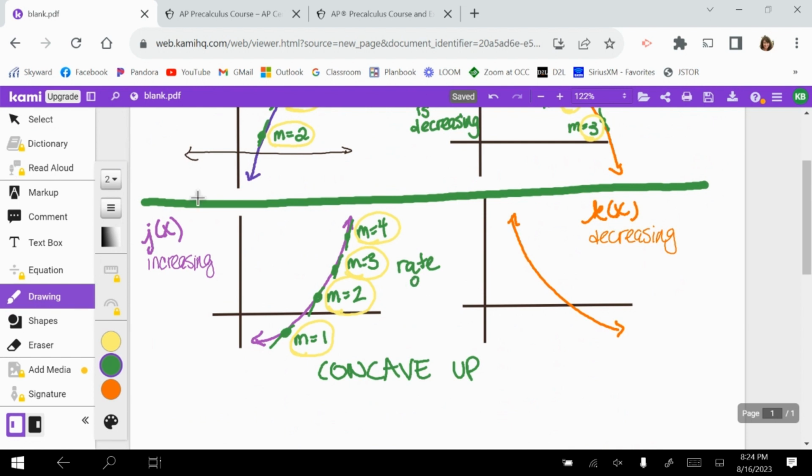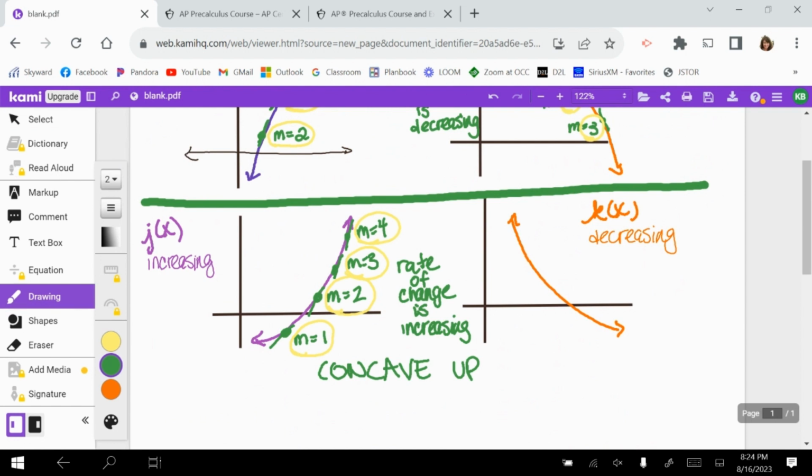This rate of change is increasing. Okay, well, j of x was increasing because as its inputs increased, its outputs increased. J of x is concave up because its rate of change is increasing.